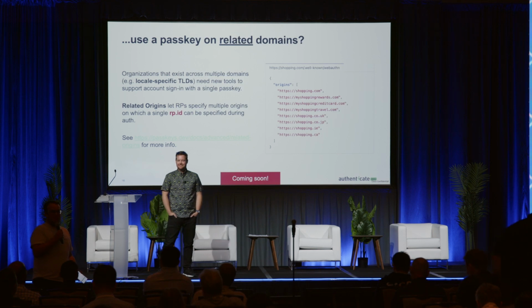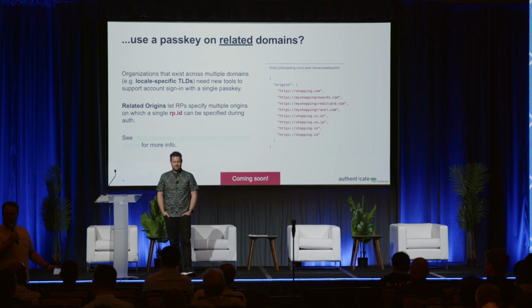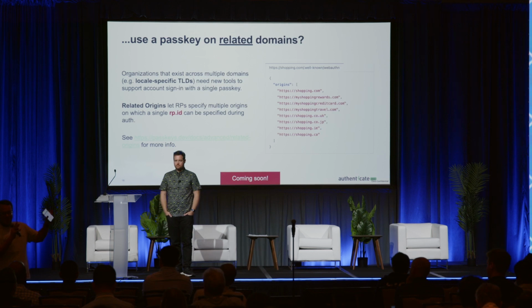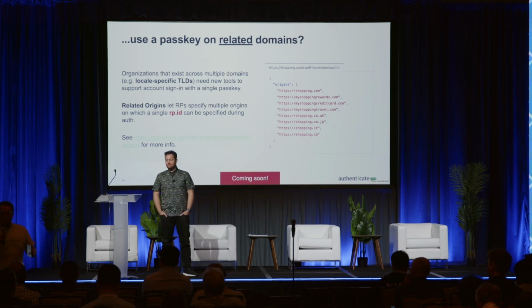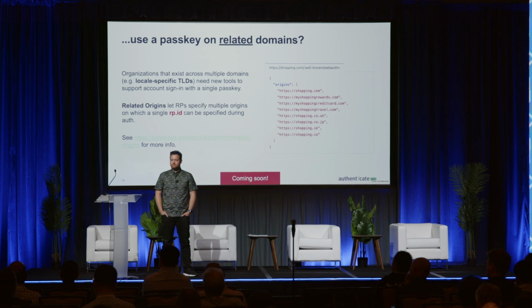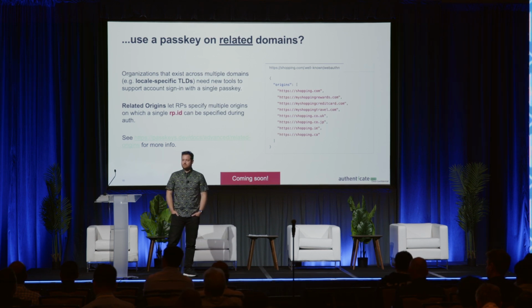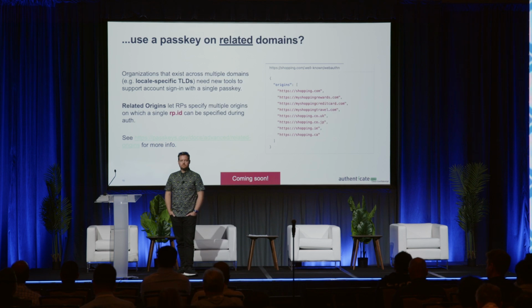If you're building a new deployment, try to do everything you can to do it the right way, and try to avoid this. This is meant to be an escape hatch for very, very large deployments, especially for the ccTLD use case, the country code top level domain.